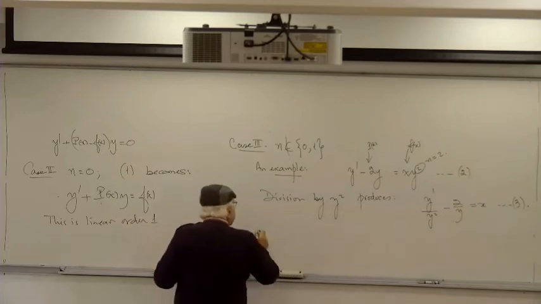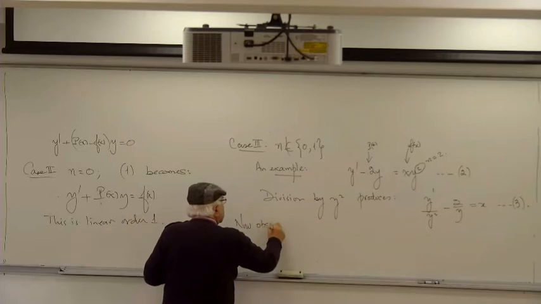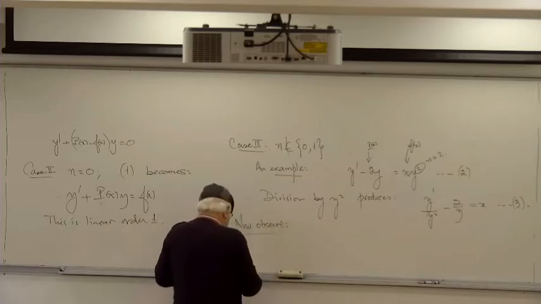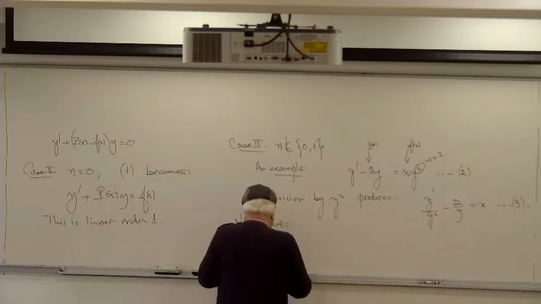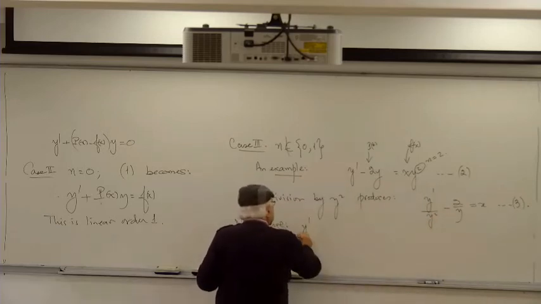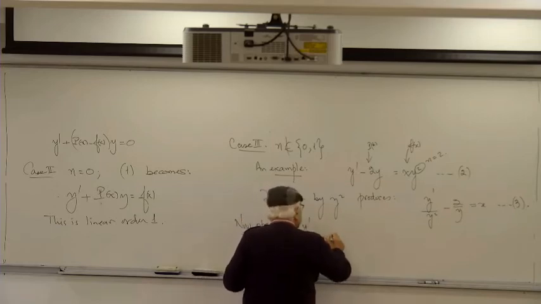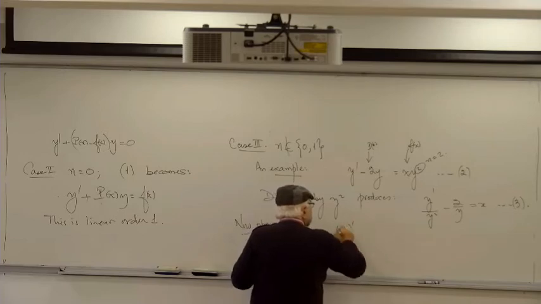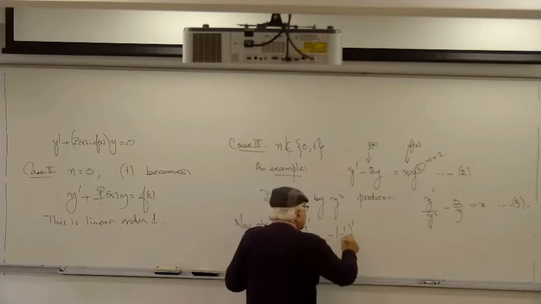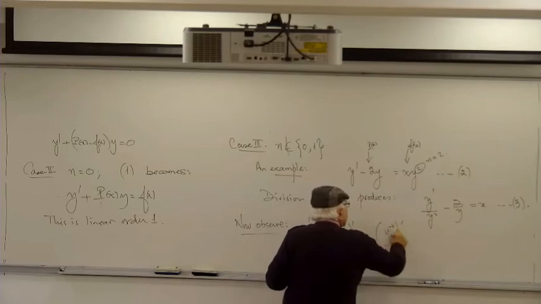Now just observe that the expression here, y prime over y squared, is nothing but minus 1 over y, all primed, which is equal to minus y to the power minus 1, prime.